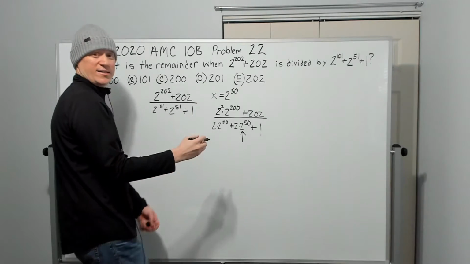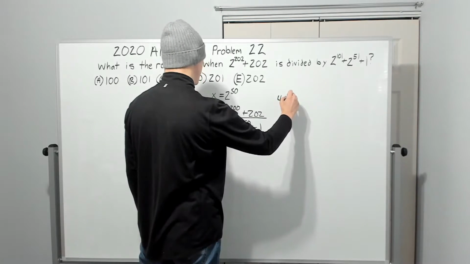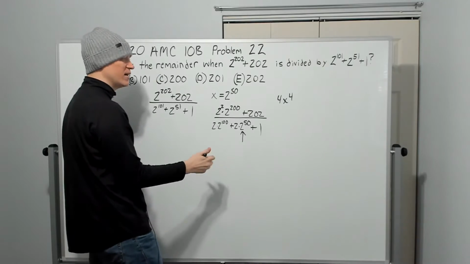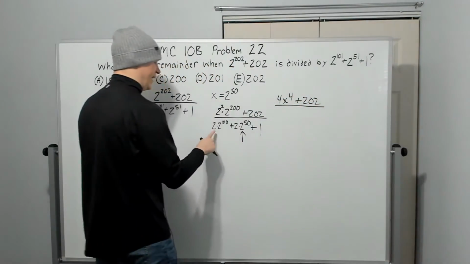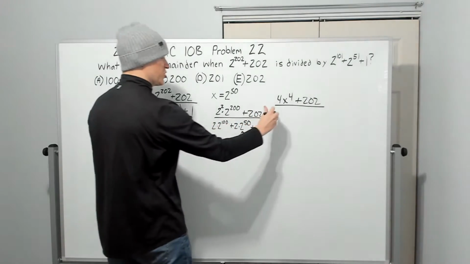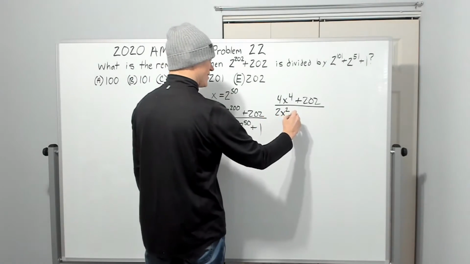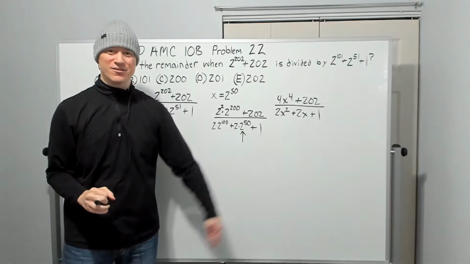Well, let's see what it does for us. It's going to give us 4x to the 4th, because 2 to the 200 is 2 to the 50th to the 4th power, plus 202 divided by, we've got 2x squared plus 2x plus 1. And we're asked to find the remainder of this?